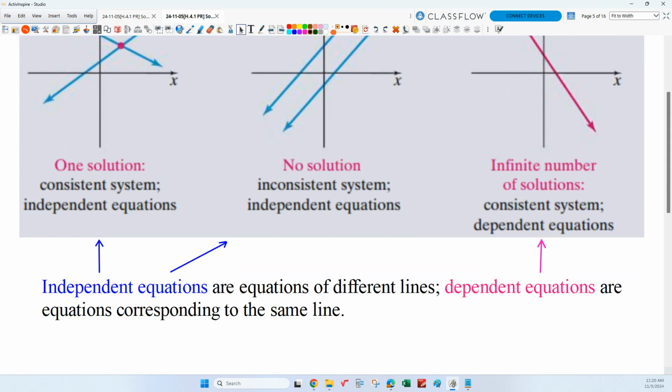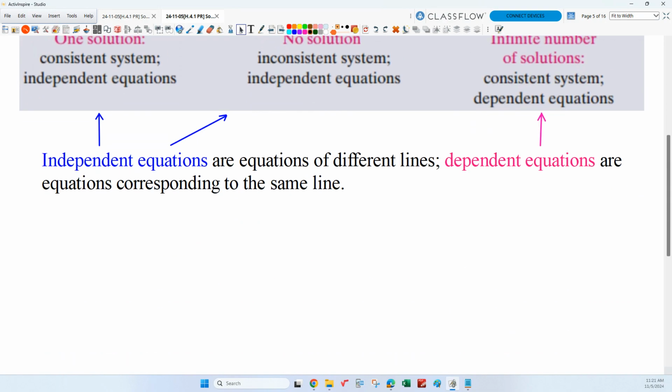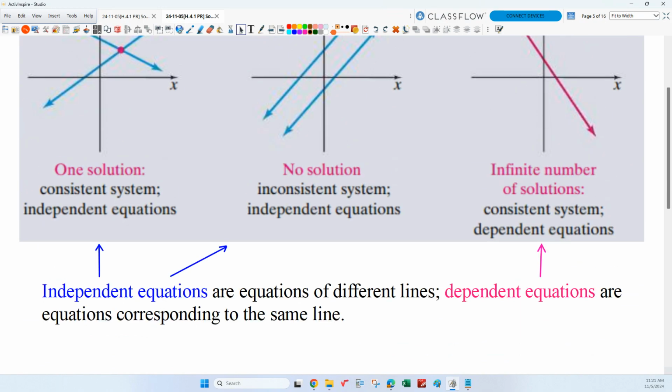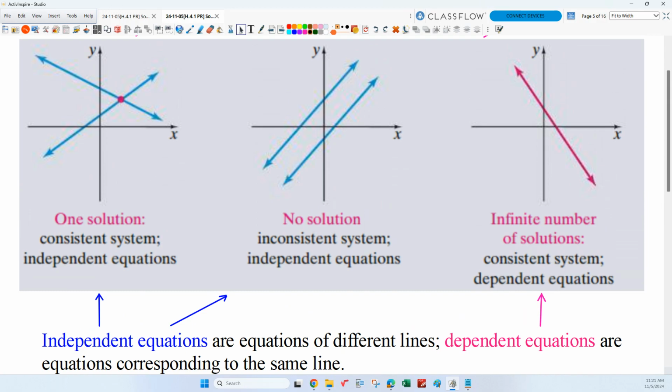And then we join that to another adjective. We either say that a system is independent or dependent. Independent equations are equations of different lines. Dependent equations are equations corresponding to the same line. So the first two options would both be independent systems, and the third option would be a dependent system.